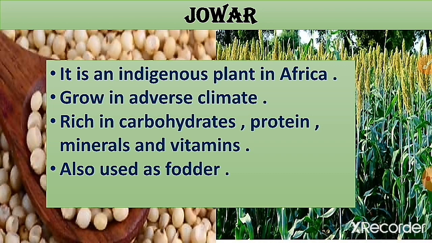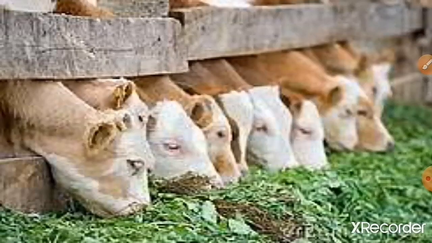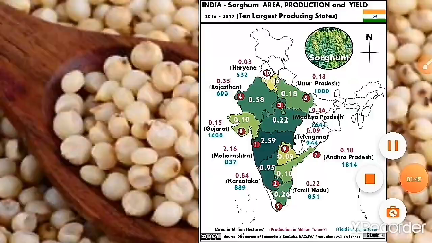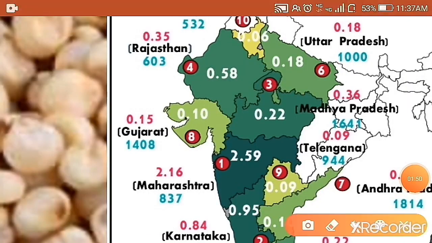Hence, it provides cheap food to a large section of the poor people. It is also used as fodder in many parts of the country. Jowar is essentially a crop of peninsular India. The leading producers of jowar are Maharashtra, Karnataka, and Madhya Pradesh.